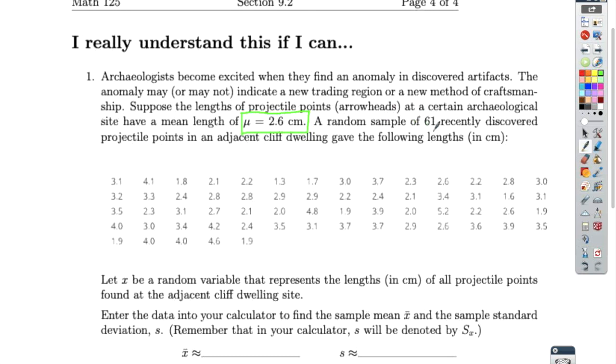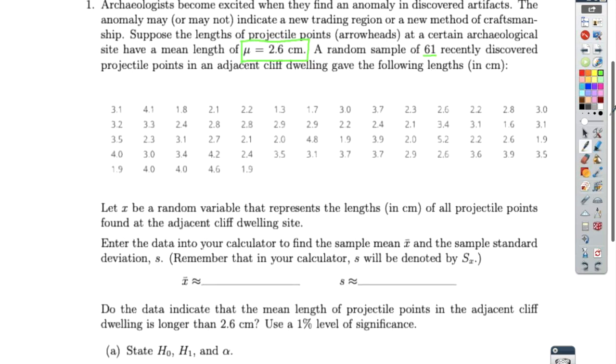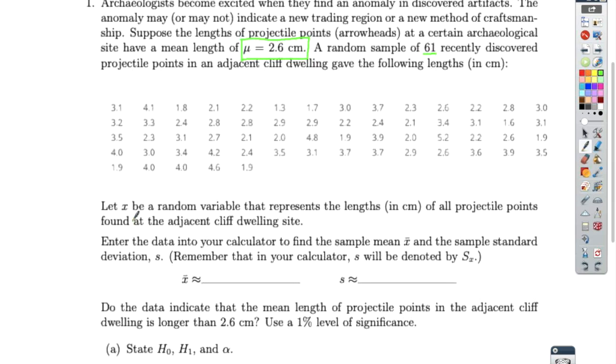A random sample of 61 recently discovered projectile points at an adjacent cliff dwelling gave the following lengths in centimeters. So here's all of our data. Also, 61 is a pretty sizable sample, definitely bigger than that 30 that we would be worried about, so we're all good there. Let x be a random variable that represents the lengths in centimeters of all projectile points found at the adjacent cliff dwelling site.